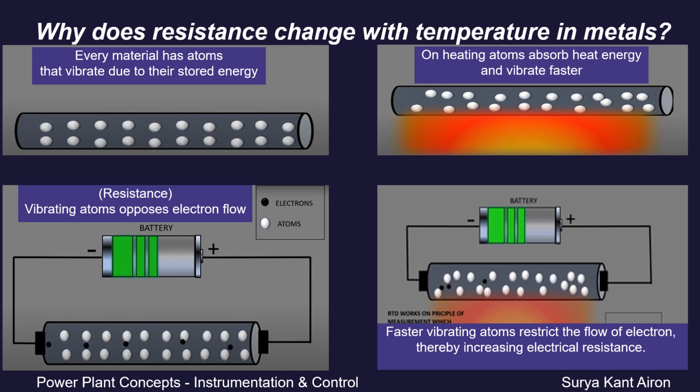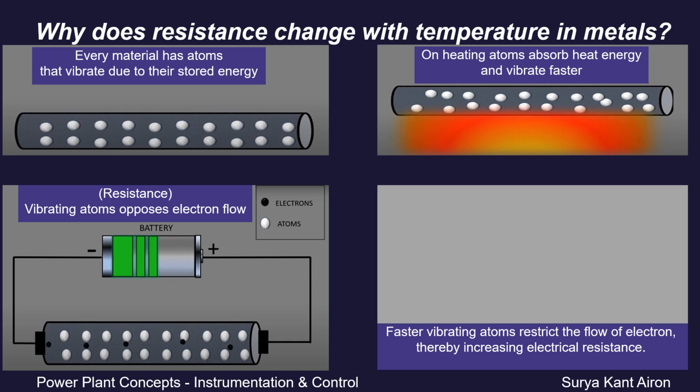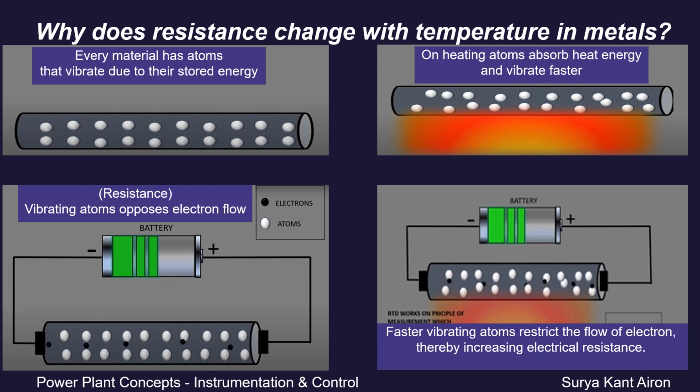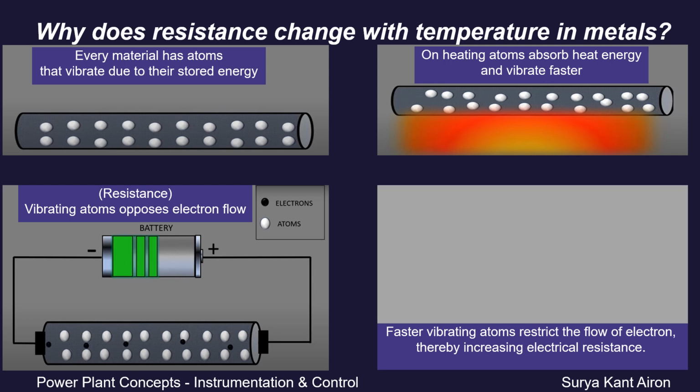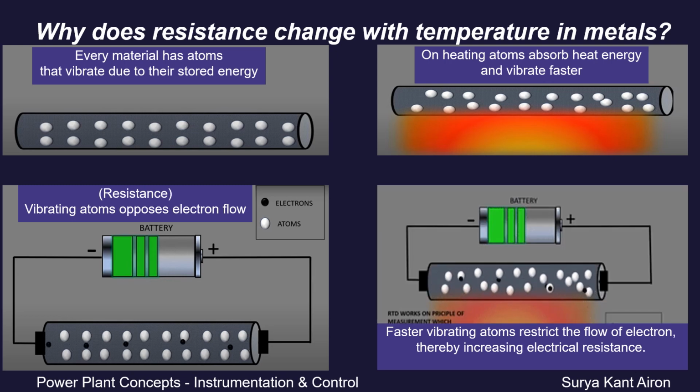So these atoms create a restriction. The flowing electrons in the conductor collide with the vibrating atoms, thereby decreasing their speed. This property of opposing electron flow, that is opposing the flow of current passing through it, is called the resistance of that material.